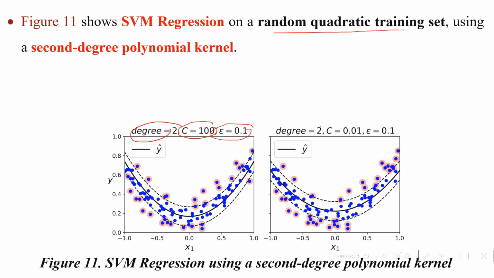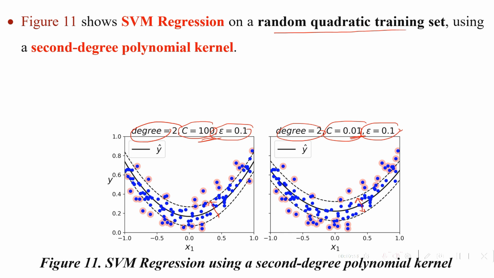And here degree equal to 2, C equal to 0.001 and epsilon equal to 0.1. In this case more instances are present between these two support vectors and fewer instances are present between these two support vectors.